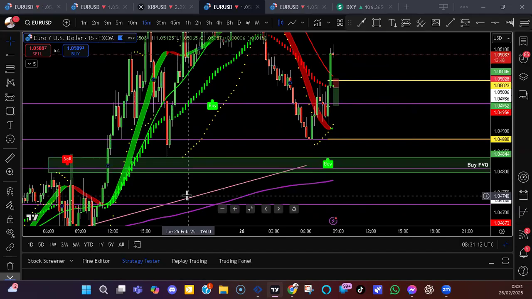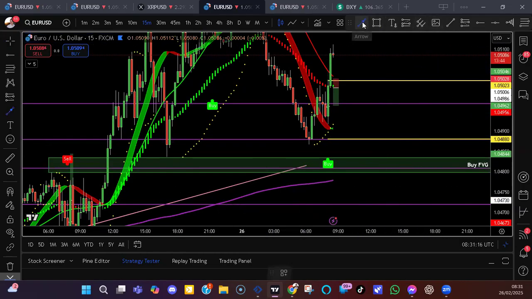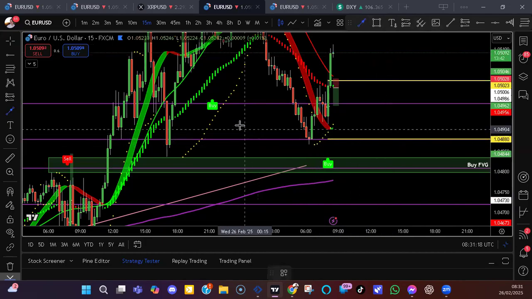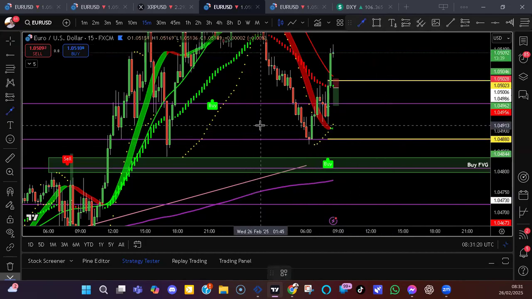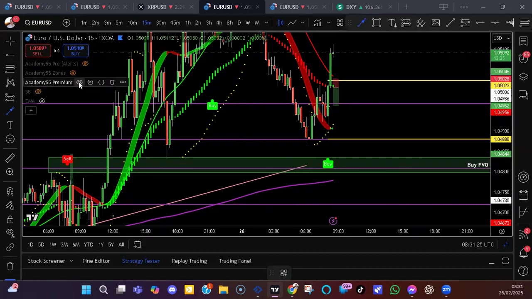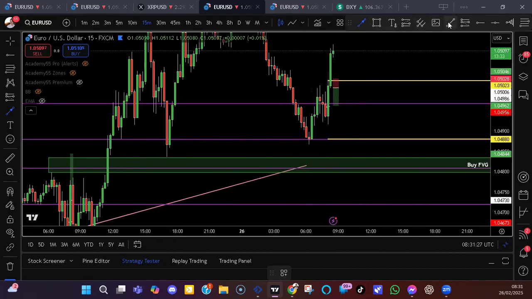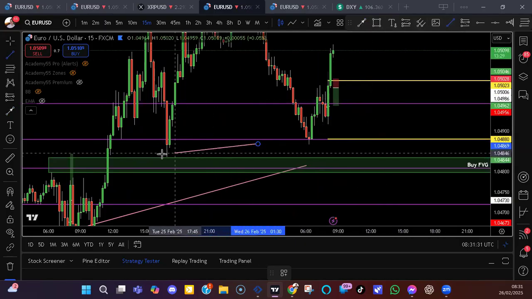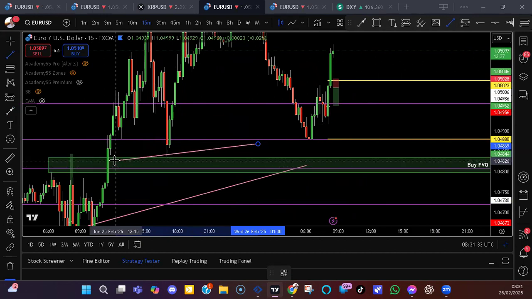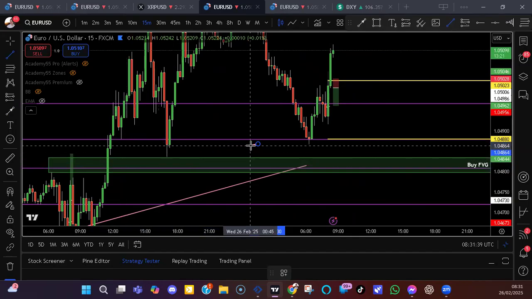So, let's get my pointy tool. We're on the 15-minute time frame. So really I should definitely take this off. But this is a 4-hourly imbalance that we drew up, but it's obviously still relevant on the, what am I doing?